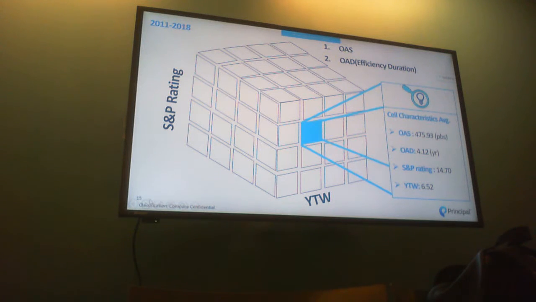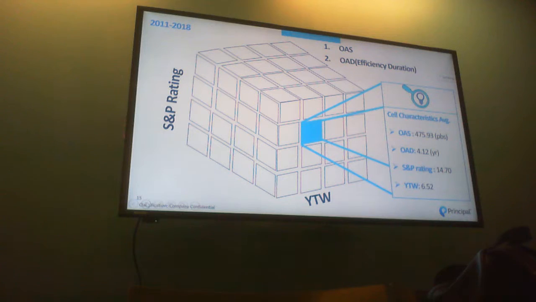So this is the average of the cell characteristics in the index. Just one cell, or the entire index? From 2011 to 2018.